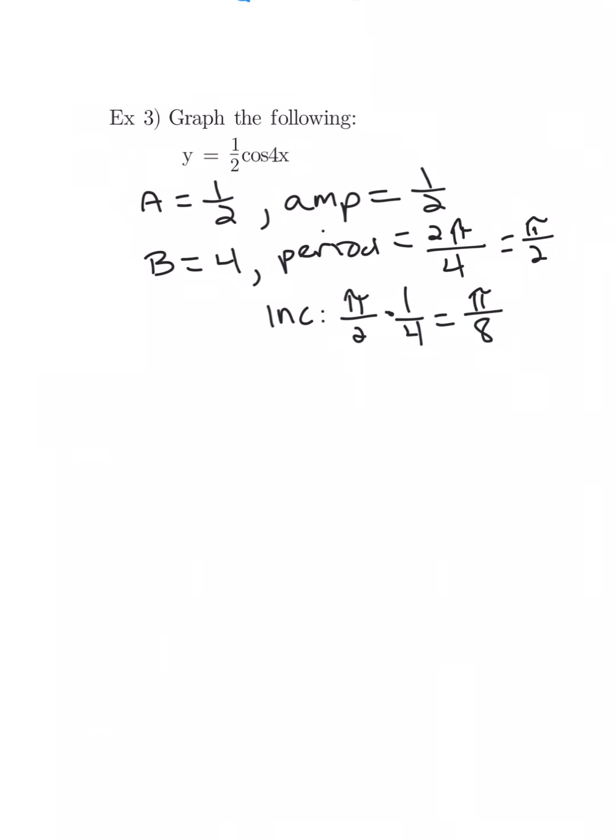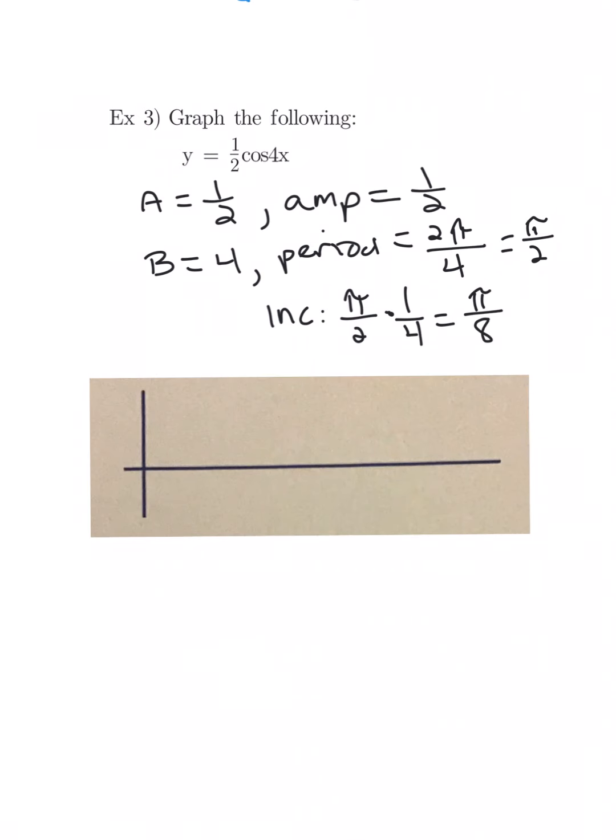So now I know how I need to count as I'm setting my graph up. Let's put all of this into place now. Our amplitude, our high and our low numbers, are 1/2 and -1/2. Our period is pi over 2, but what we really want to use is pi over 8 as our counter.